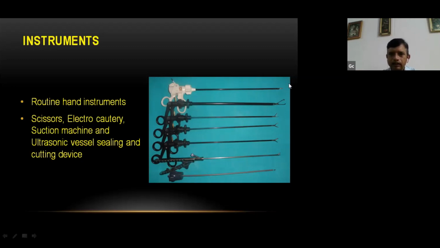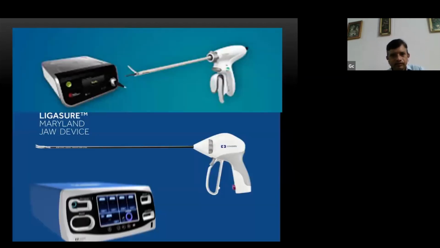And an energy device is definitely required, whether it is bipolar or an ultrasonic energy device. These are useful for handling the vessels or vascular structures. These two energy devices are very popular: one is ultrasonic, one is bipolar.